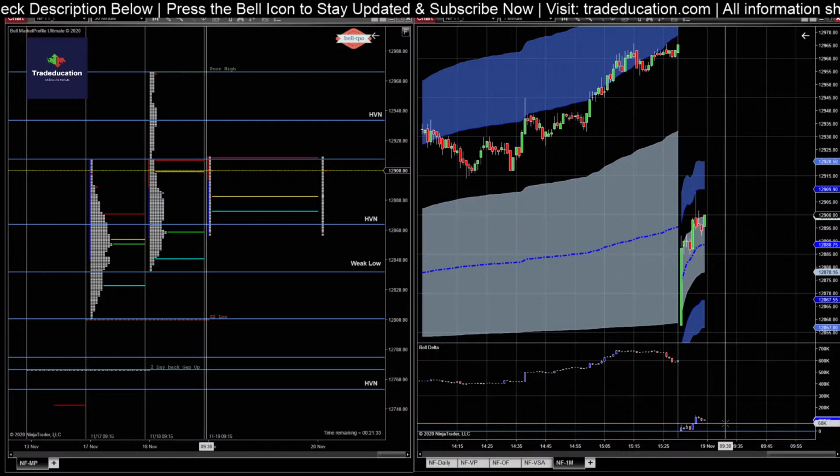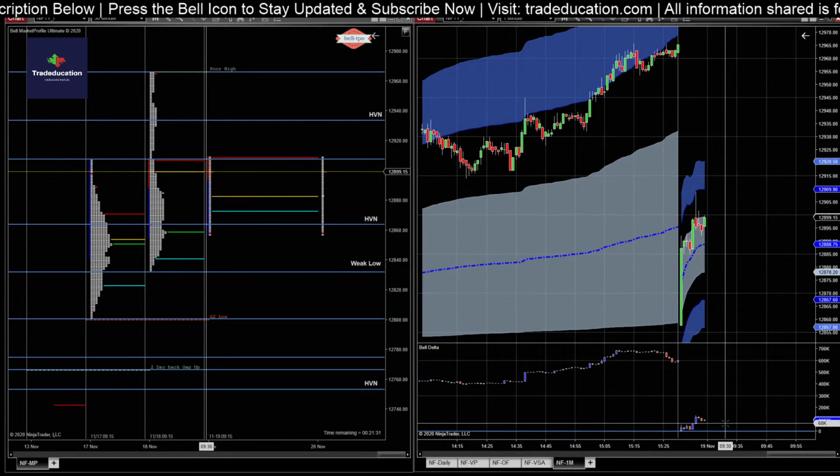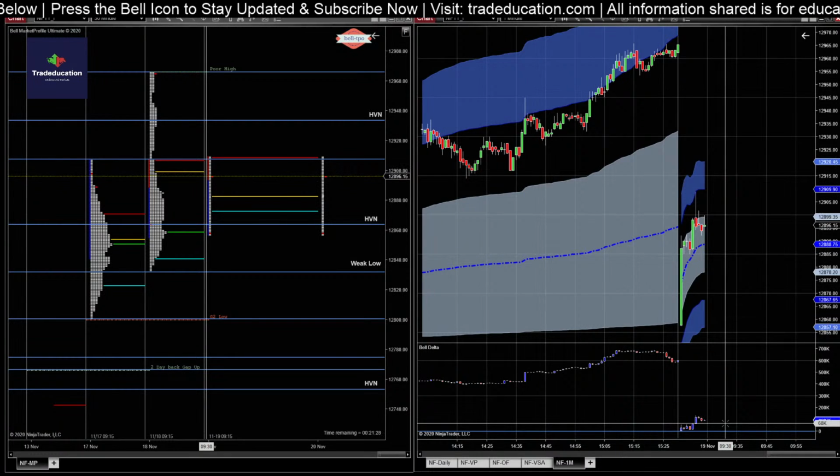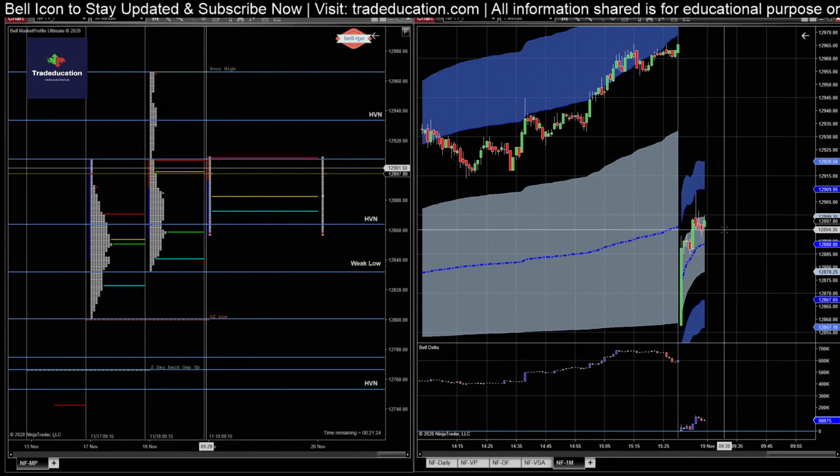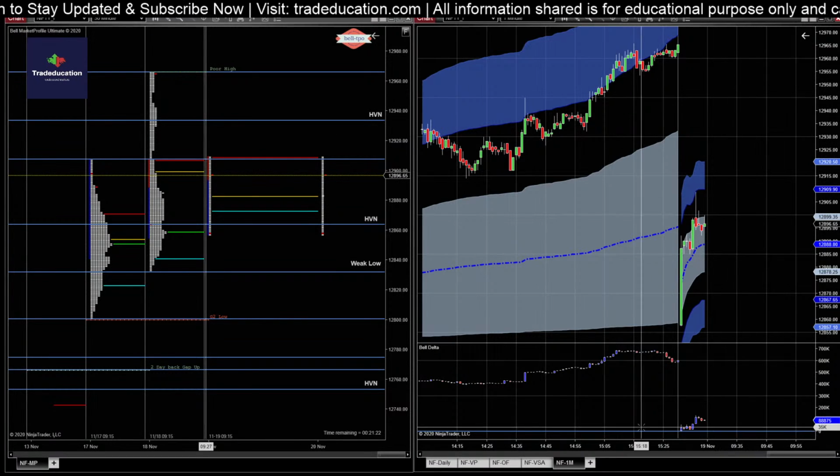So unless and until this 68K breaks, you are safe. You can put your stop loss orders below this range, but we should see continuation to the higher side.